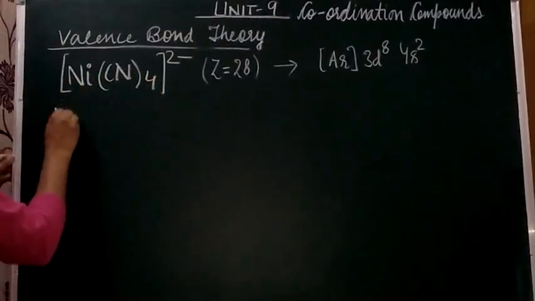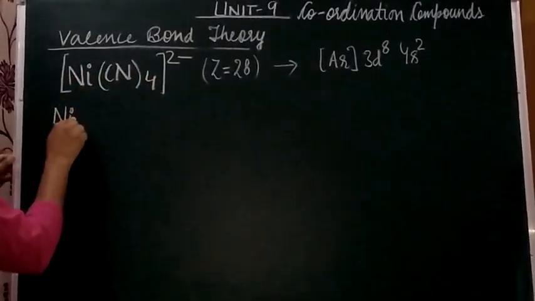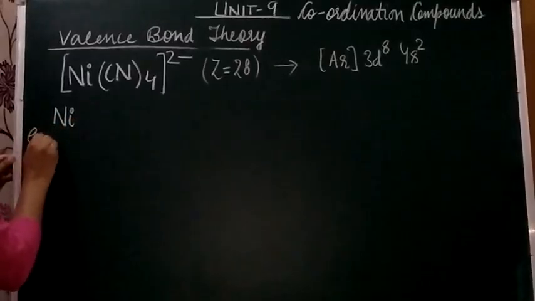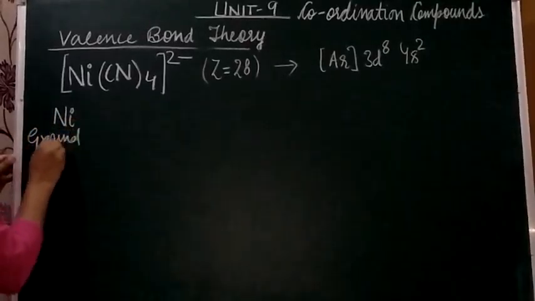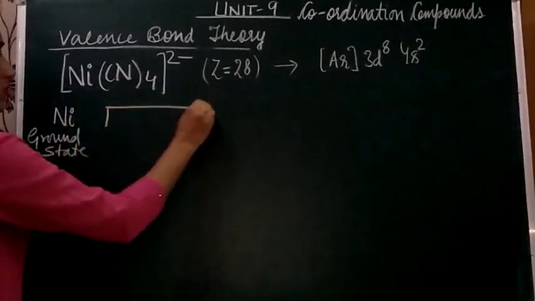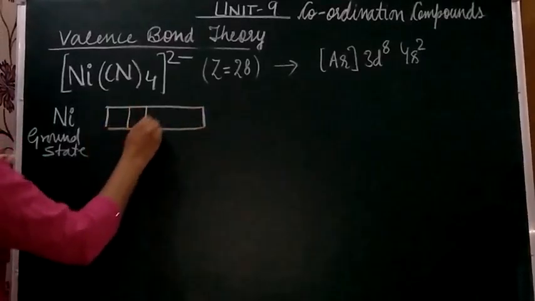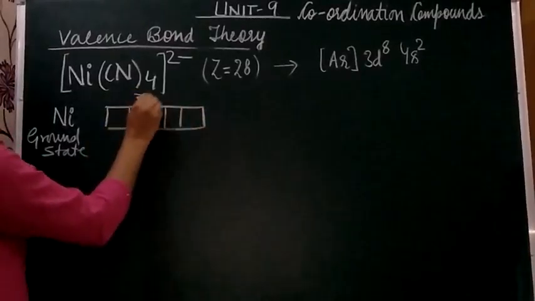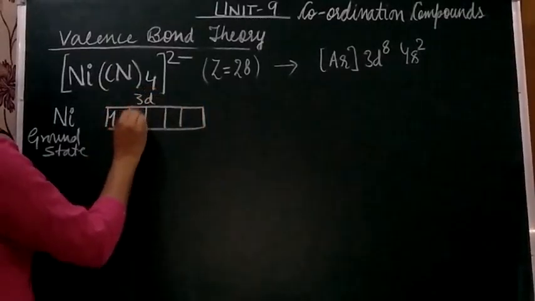And first we will write down for the nickel ion in its ground state. So this is 3d8.